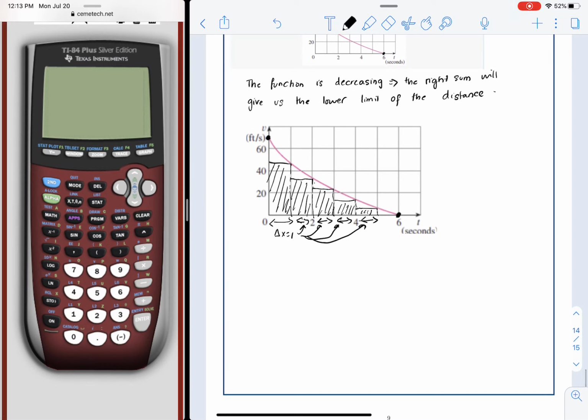So the height at each point, that point perhaps is about 50. We'll call that 50. And that seems to be about 35, 22, or even 25.